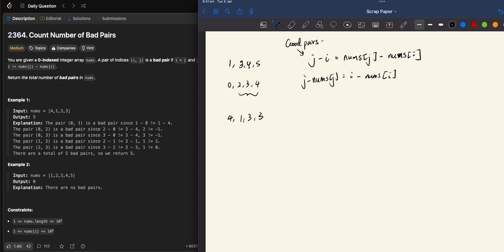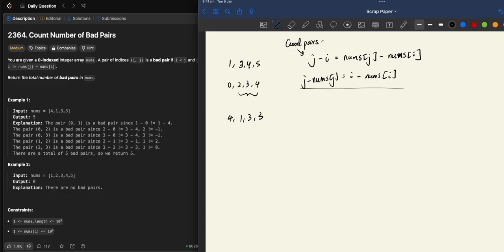So what this means is that for each index, we can map them into this formula. Oh, I think I got it now.